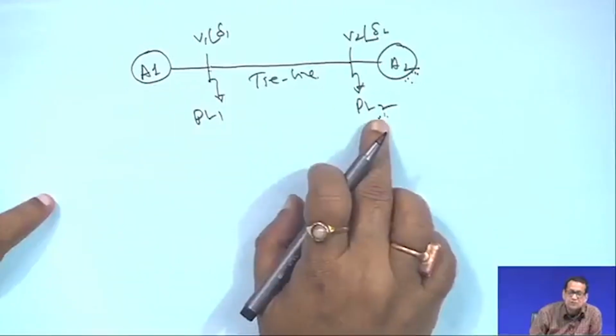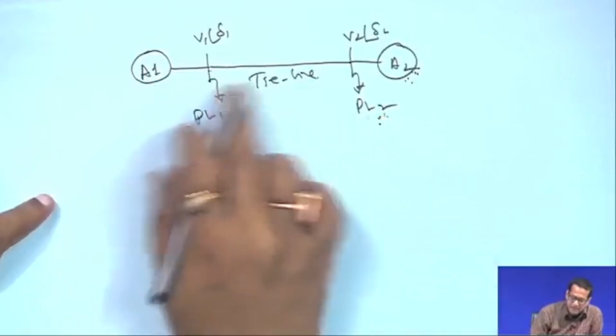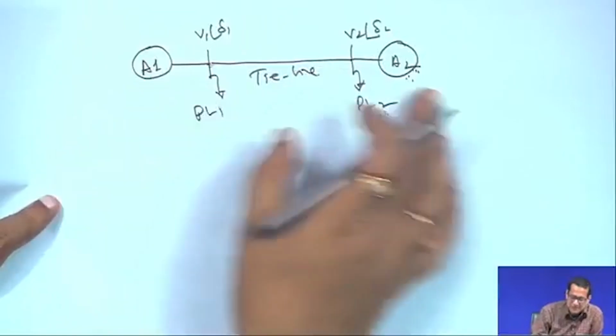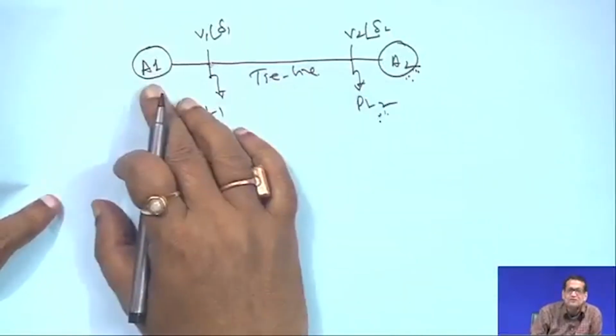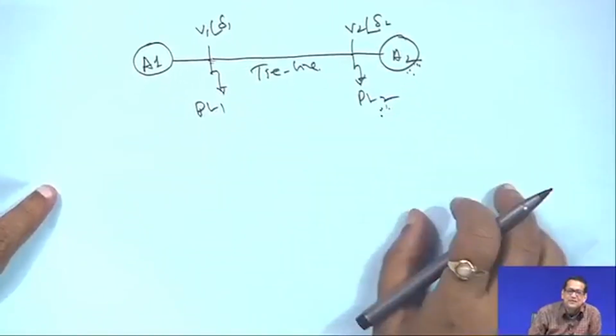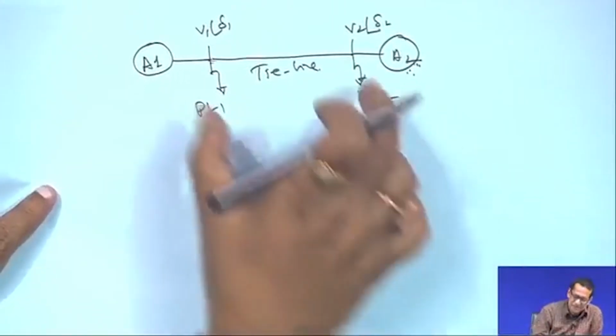In that case power will flow through the tie line, helping this area. The main benefit of interconnected operation is the cooperative assistance between these two areas.